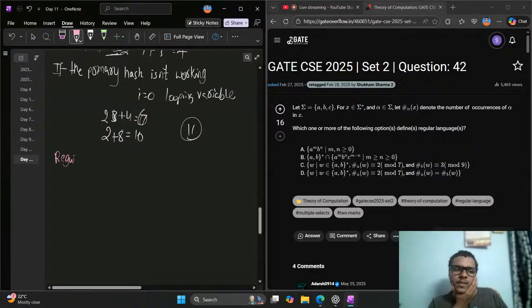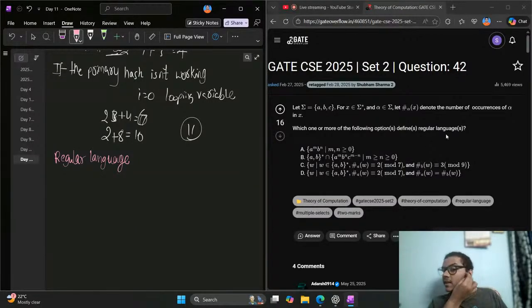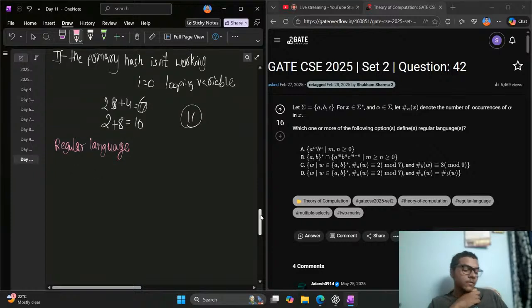Regular language. You know what that one should mean. So A can occur any times, B can occur any times. Okay, regular language is something that can be described by a finite set of states.